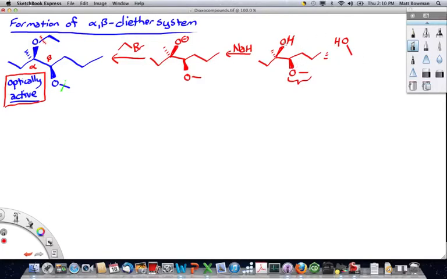So if we draw this OH as a line, the ethyl group becomes a wedge. The methyl group becomes a dash, only directed downwards. The methoxy group goes here. And the propyl group becomes a wedge. Now this is the anti-configuration. It makes it a little bit easier to figure out what the epoxide was.